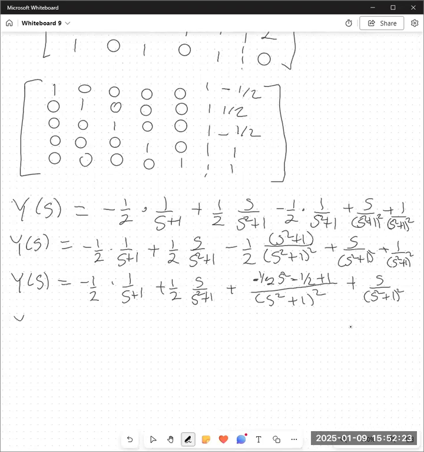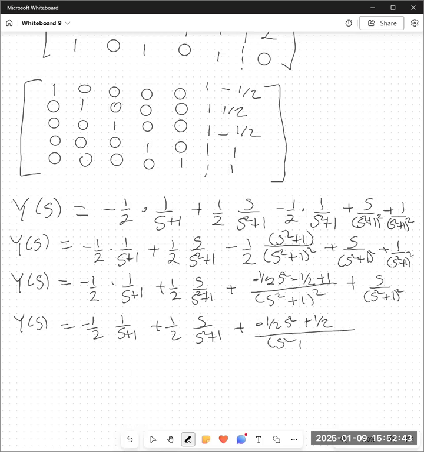That's going to give me capital Y of s is equal to negative 1/2 of 1 over s plus 1 plus 1/2 of s over s squared plus 1 plus a negative 1/2 s squared plus 1/2 over s squared plus 1 squared. Now I need to have a 2ks up here, so I'm going to make this 2s, the multiplier of 1/2 s squared plus 1 squared, and I'm going to factor out that negative 1/2.